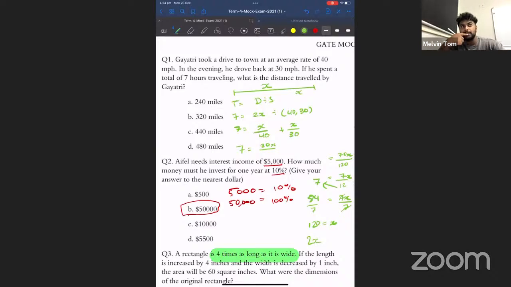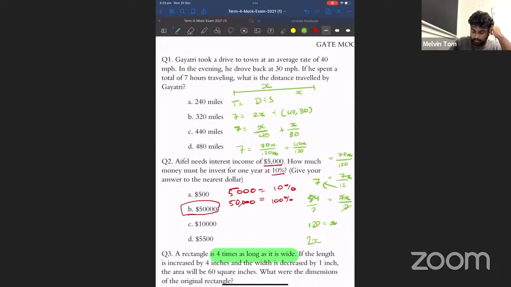Wait, can you? No, you can't. Never mind. You can, but let's just do it this way. Let's still do it. 120x. I don't want to confuse you guys. 120x plus 40x over 120.